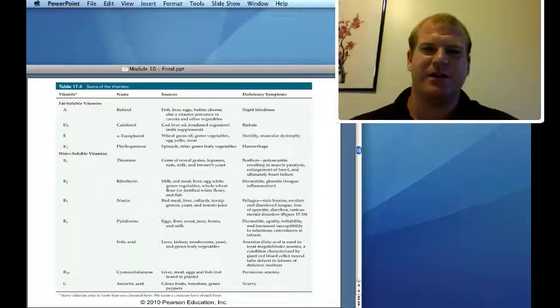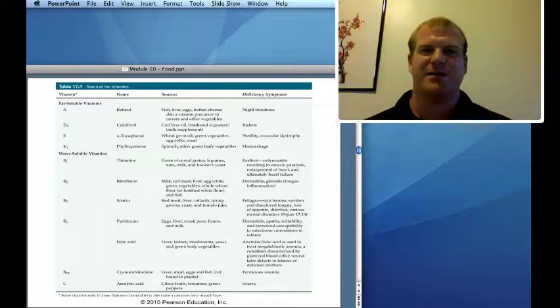Vitamin D is fairly hard to overdose on. Your body can make this naturally from cholesterol and ultraviolet B radiation. You can generate vitamin D3, and your liver can transform it into something else.